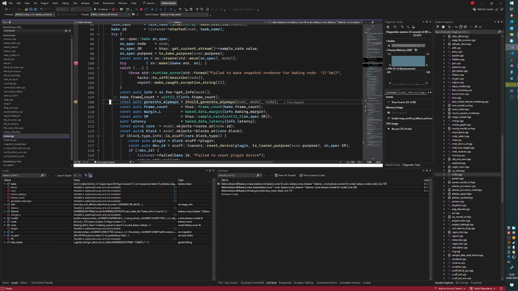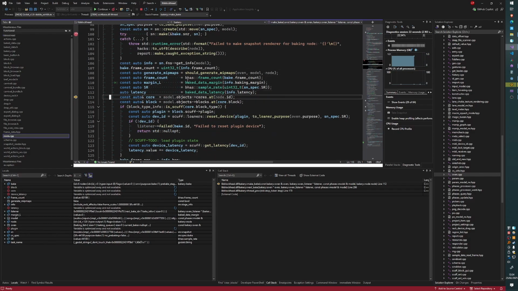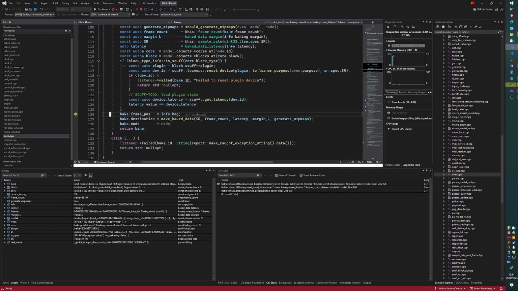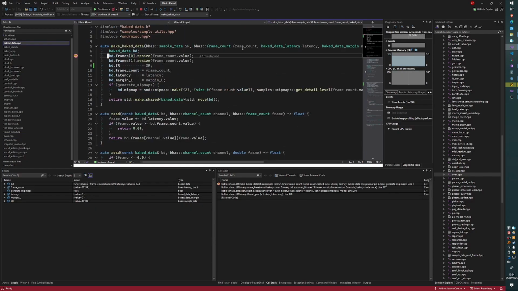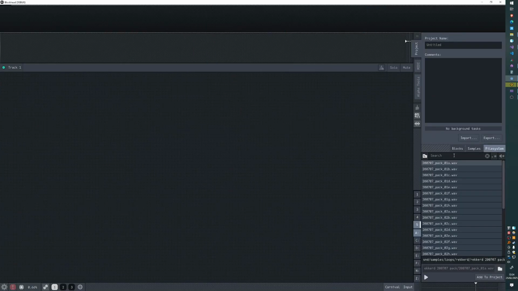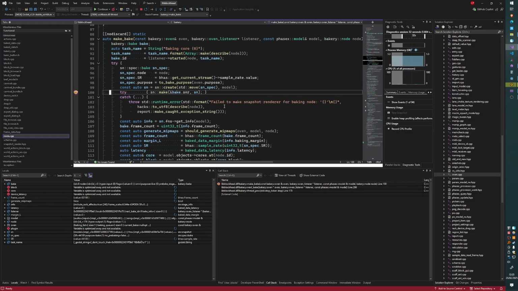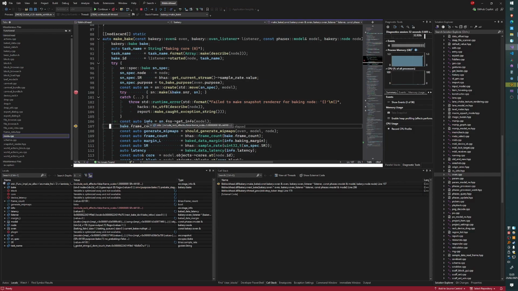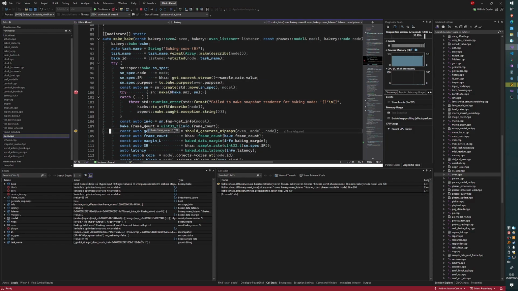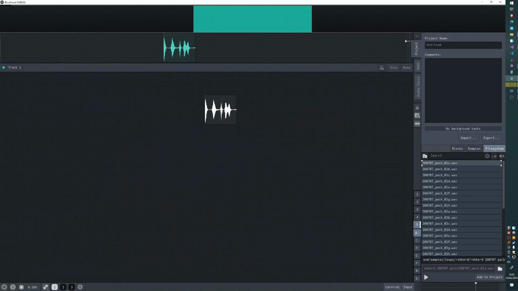A3199. Okay. What? Now it's correct. A3199. Oh, it's not crashing anymore.